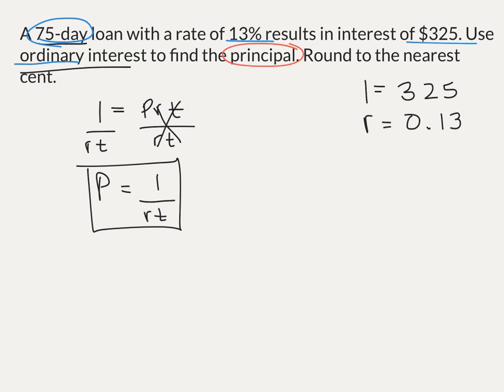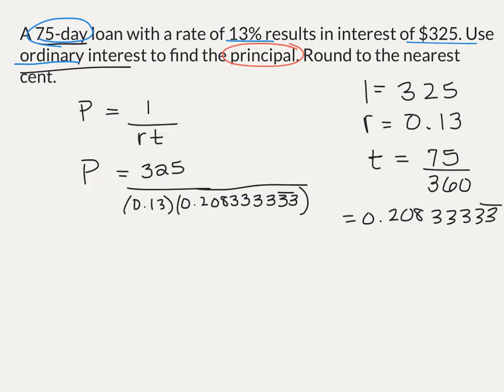And we're going to use ordinary interest, so that means that the number of days in a year is 360. T equals 75 over 360. And if we wanted to go ahead and write the decimal for that, we could just divide 75 by 360 and get 0.2083333 repeating.